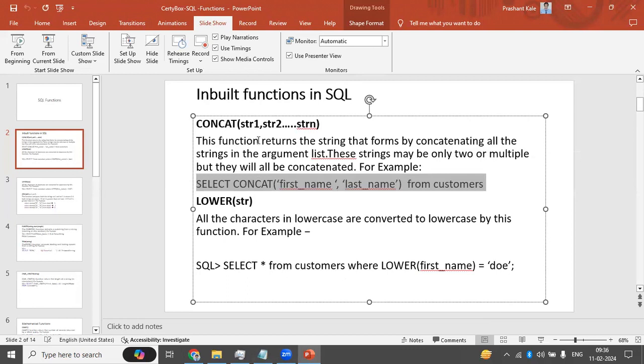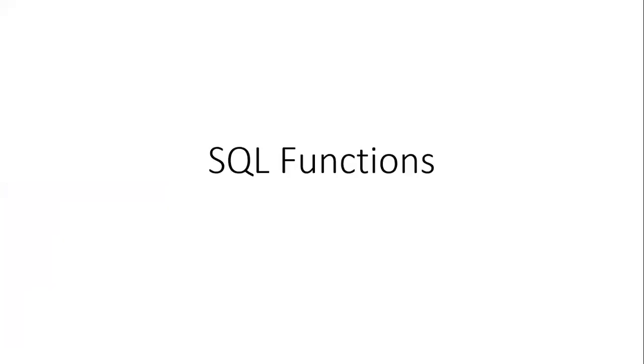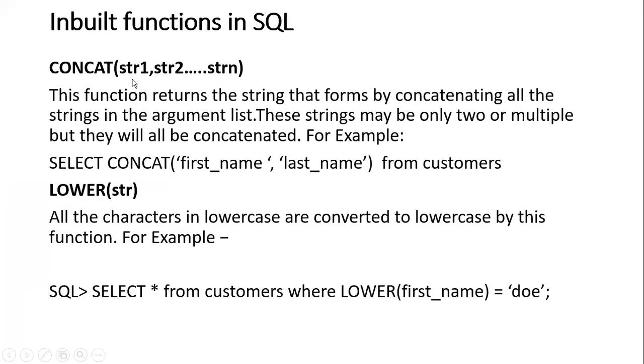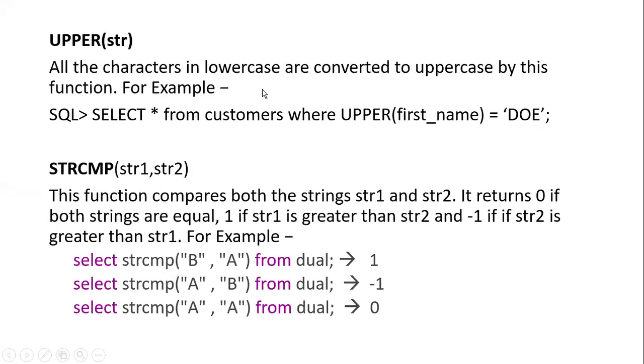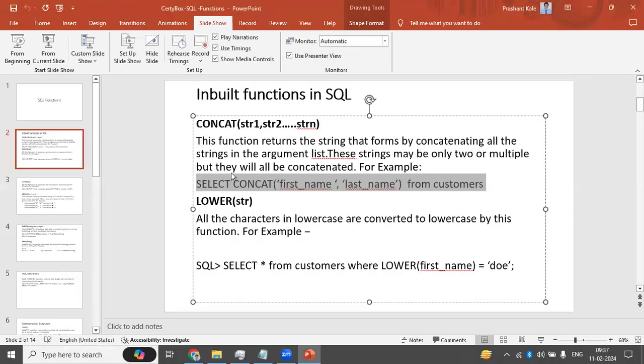When you are doing concat, basically you are trying to attach two strings together. Concatenation is attaching one to another.